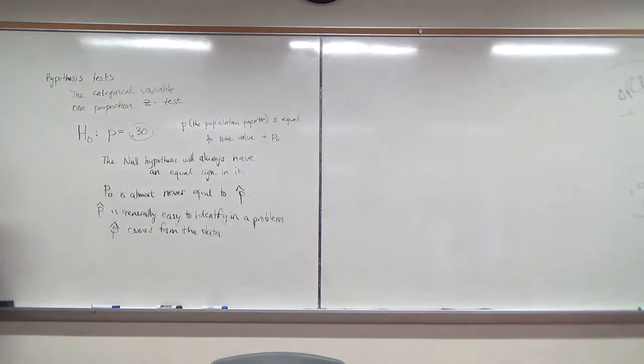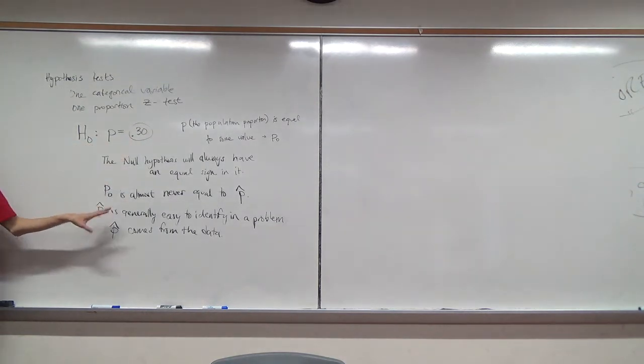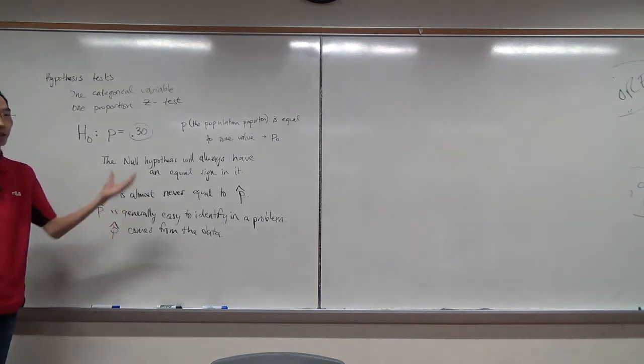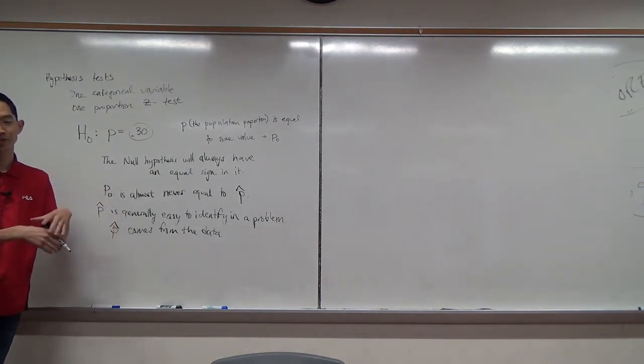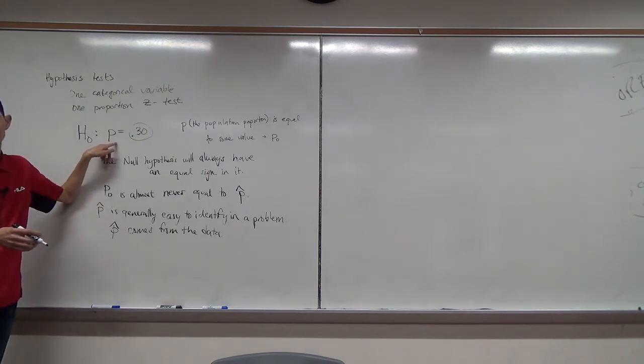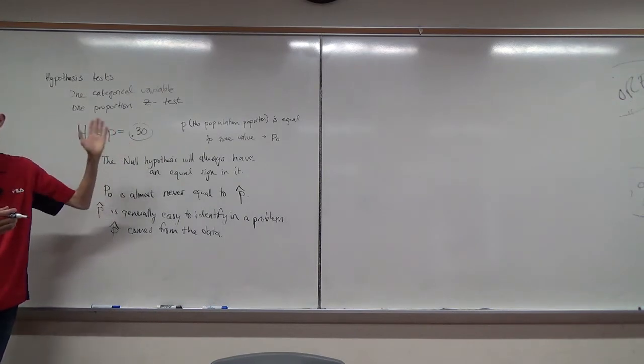So almost never will you say that the null hypothesis is p is equal to whatever p hat is. If you take your data and find that 27% of people in your sample are this, your null hypothesis will probably not be p equals 0.27. I'd say that's like 99% of the time.